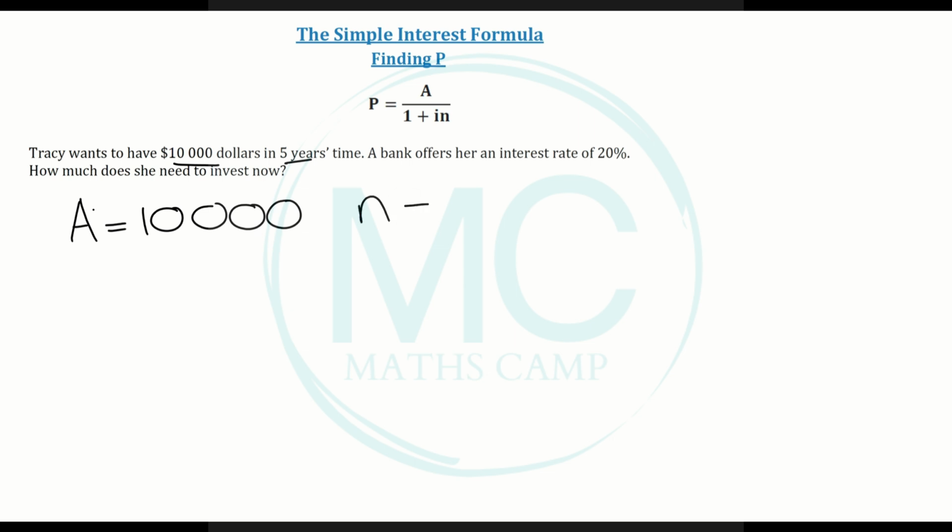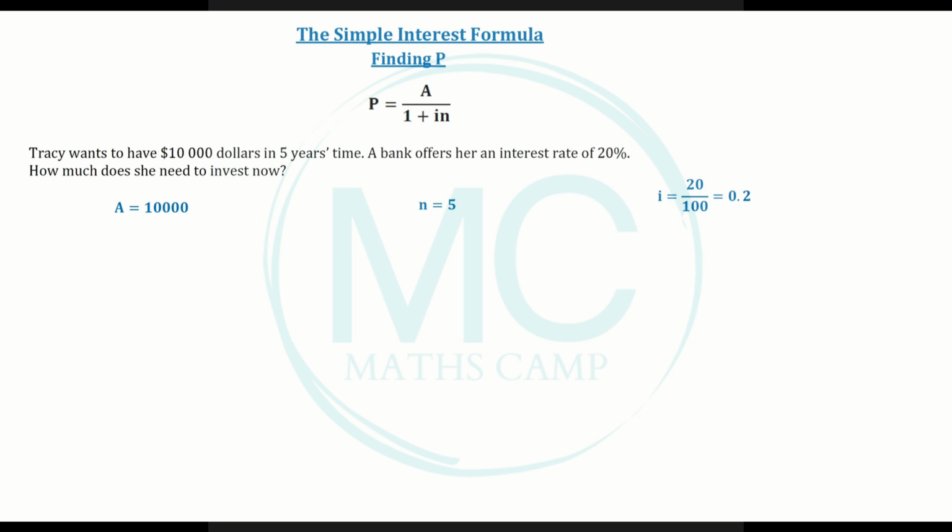So N is equal to 5. The bank offers her an interest rate of 20%. So to get our I value, we say I is equal to 20 over 100, which is equal to 0,2.